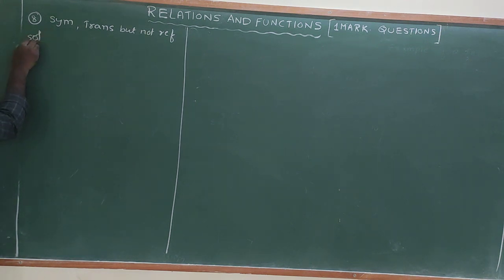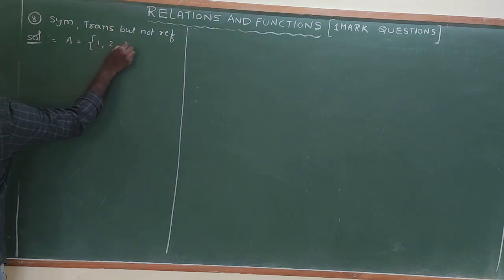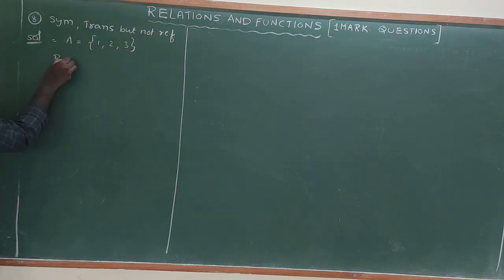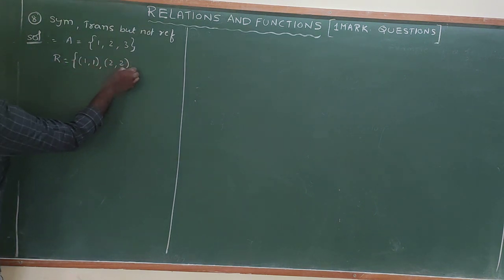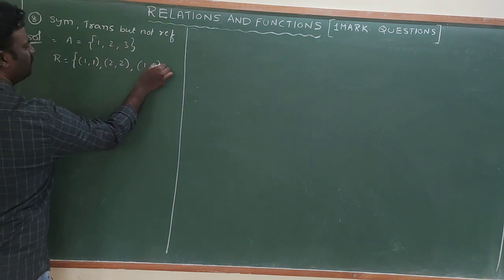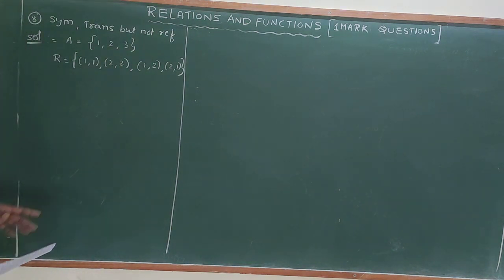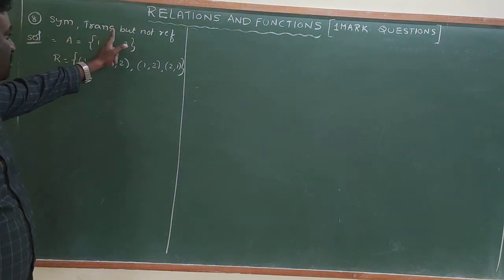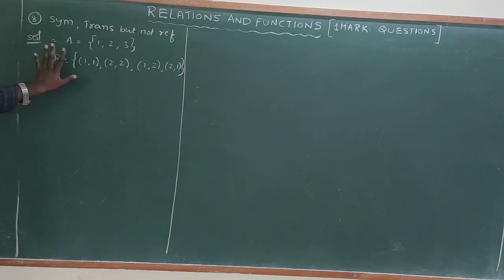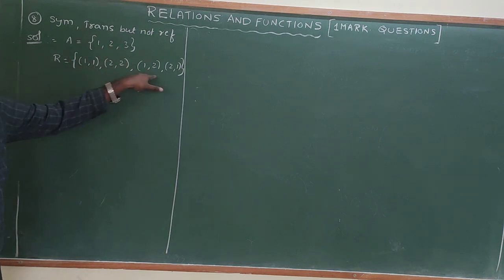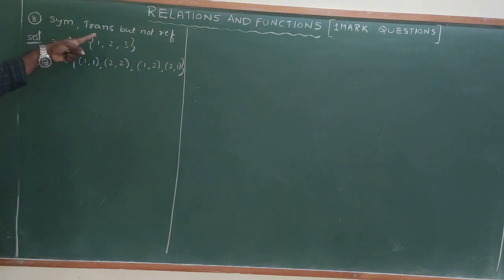Okay. For example, I am taking the set 1, 2, 3. So I am taking the relation R equals to 1, 1, 2, 2, 1, 2, 2, 1. This is an example for a relation which is symmetric, transitive but not reflexive. It is not reflexive. Why? Because 3 belongs to the given set, but the pair 3 comma 3 is not there in this relation, that's why it is not reflexive.